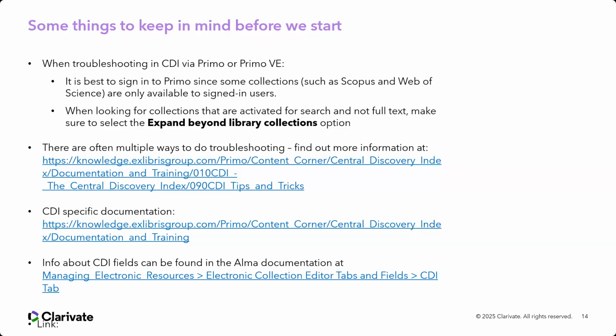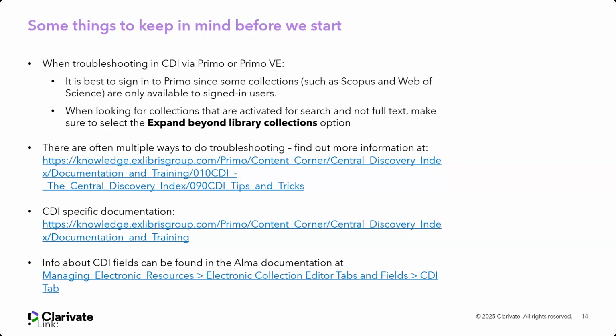There's also a whole chapter on CDI in the content corner part of the Primo documentation, so that everything about Central Discovery is in one place. So there's documentation and training available there. And also a third place where you can find information is in the Alma documentation.